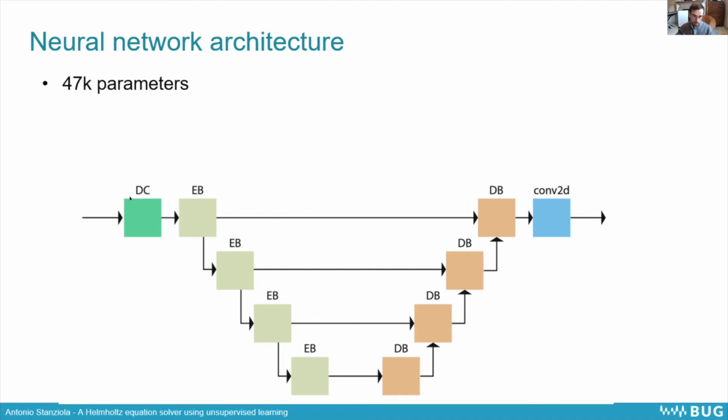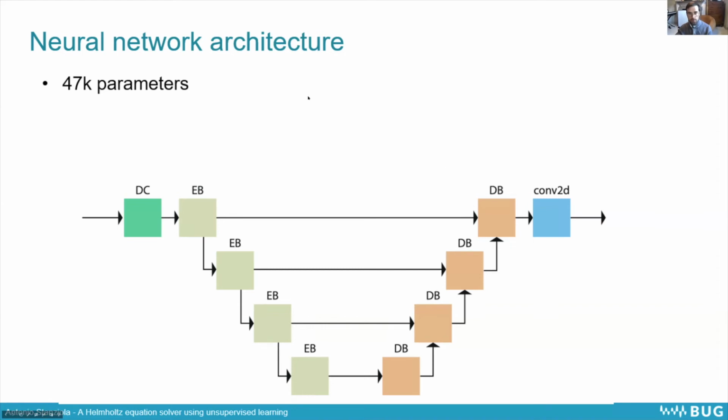So we have a double convolutional block that lifts the input. By the way, the input of the neural network will be a complex field. We get around it by having an input with two different channels representing the real and imaginary part. So the input gets fed to the double convolutional layer, which lifts it to a different representation space. And then we have the classical hierarchical multi-scale architecture of a UNet.